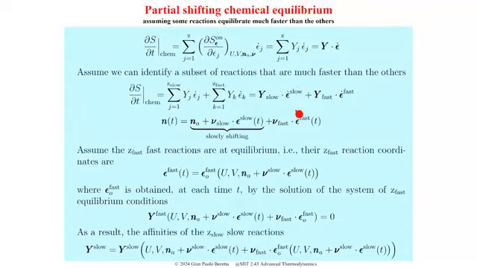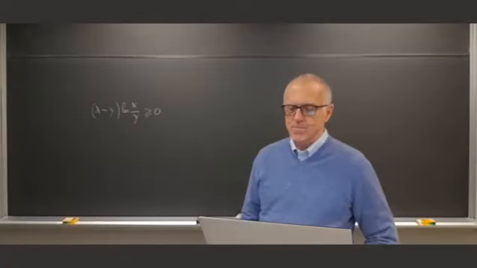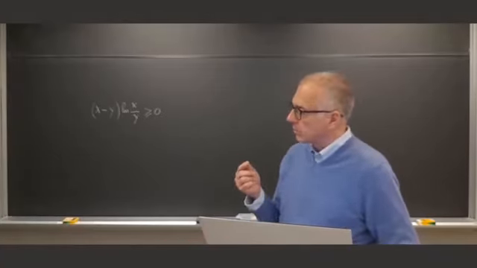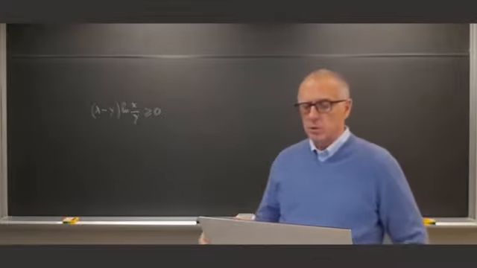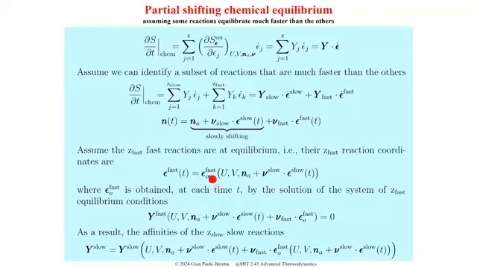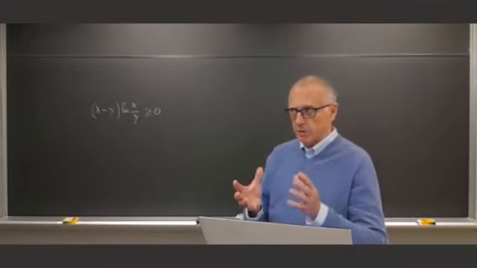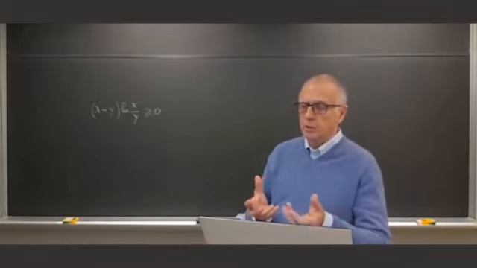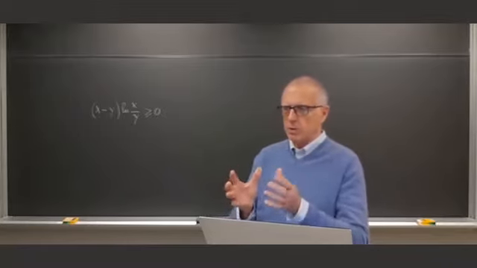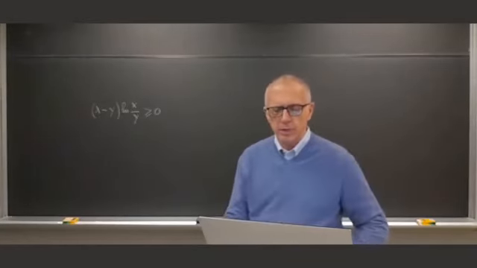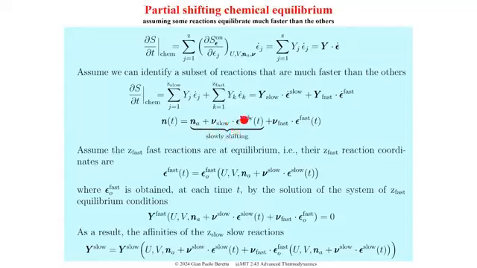And then we assume that the epsilon of the fast reactions are at any instant of time the equilibrium epsilons. So we use the law of mass action to compute the equilibrium composition only of the subset of fast reactions, assuming that the slow ones are frozen. We temporarily freeze the slow reactions, so that fixes this part of the composition.